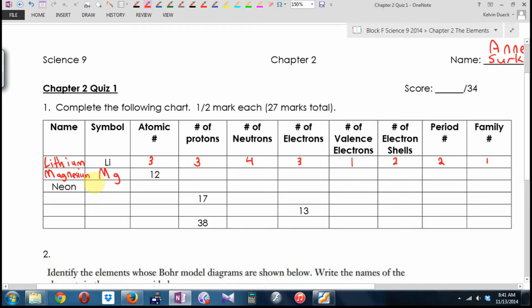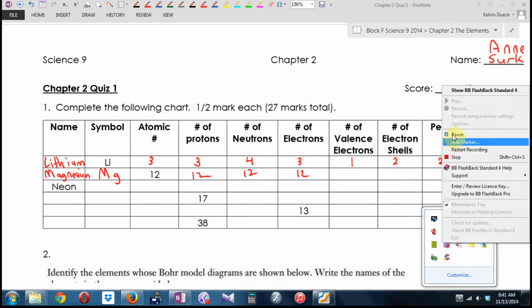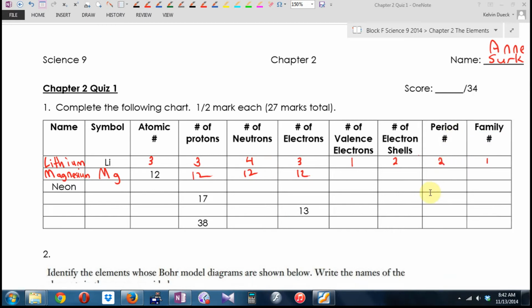What's its atomic number? 12. How many protons? 12. How many electrons? 12. I can do those. Neutrons, I got to do some arithmetic. Mass is 24, take away 12. Oh, neutrons is also 12. That's convenient. Number of valence electrons.